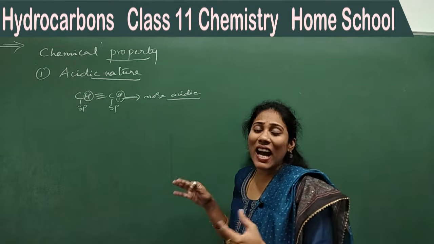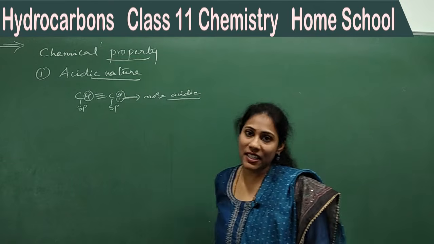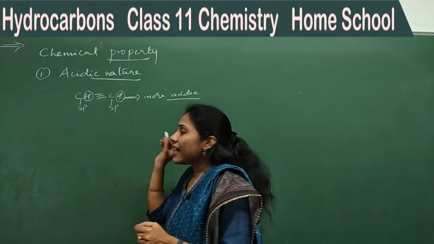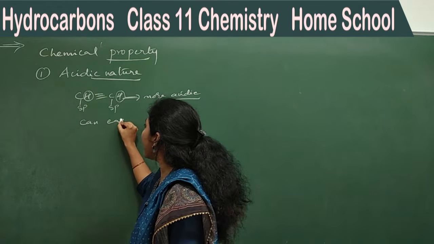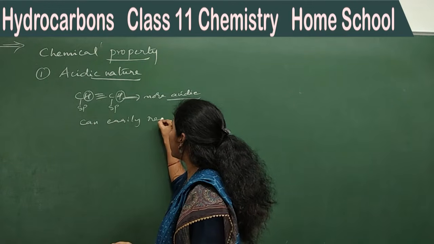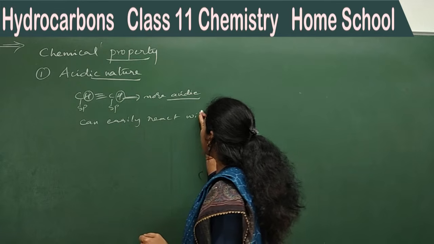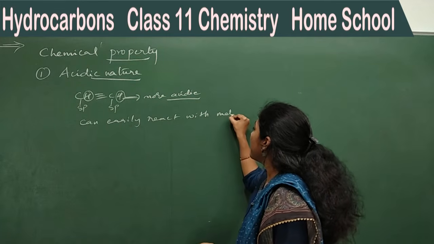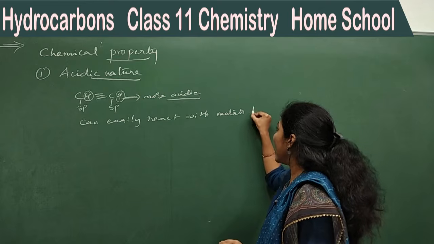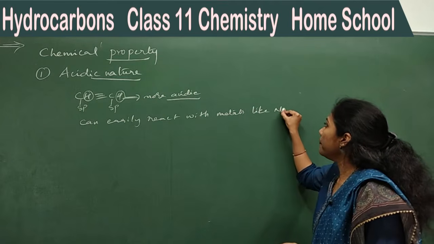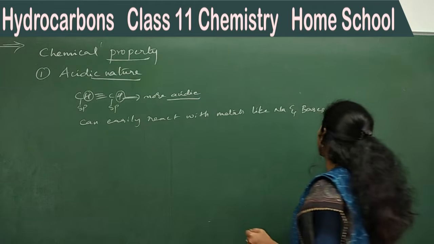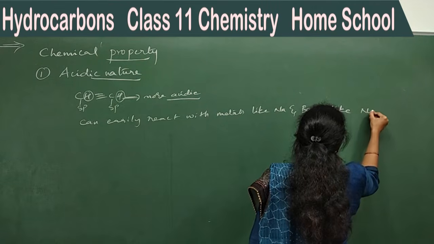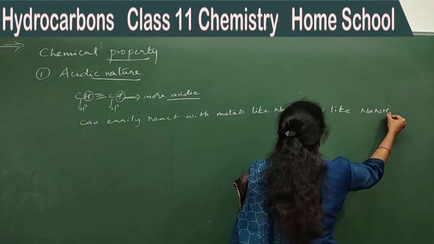That gives alkynes their acidic nature. Because they are acidic in nature, they can easily react with metals like sodium, and with bases like sodamide, that is NaNH2.